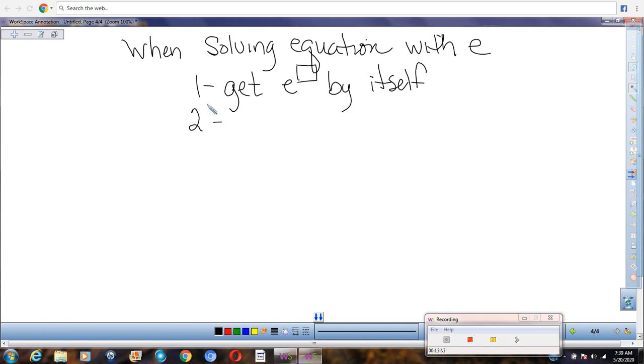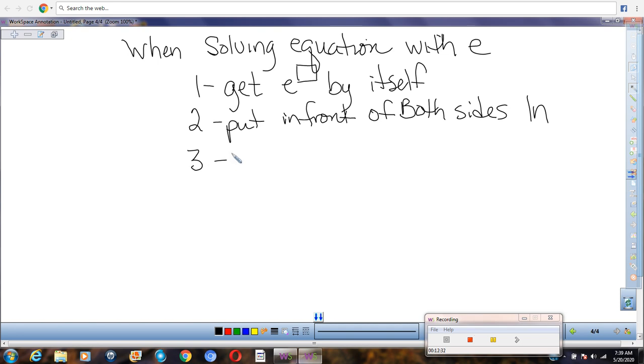Step 2, we're going to put a natural log in front of both sides. And again, we can do that as long as we do it on both sides. It's a one-to-one function. Step 3, the natural log of e to its exponent.